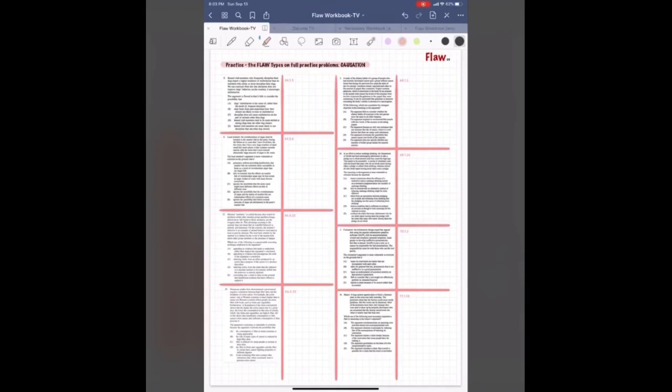Next, you get to practice full tests, full sets of questions, but organized by flaw type, so that you get exposed to how all the identification you've done translates to picking the right answer choice. And you also get to see a bunch of these types of flaw questions all at once, how they show up, how they look similar to each other, and its many variations on one page.